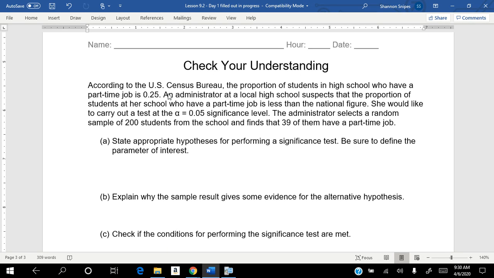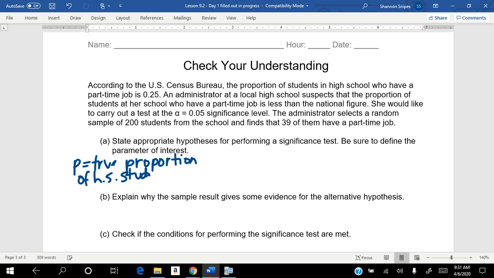Be sure we define our parameter of interest. So p is going to be the true proportion of high school students who have a part-time job.